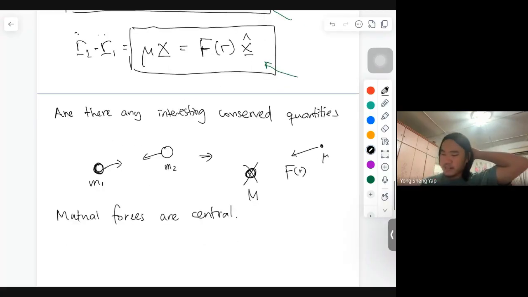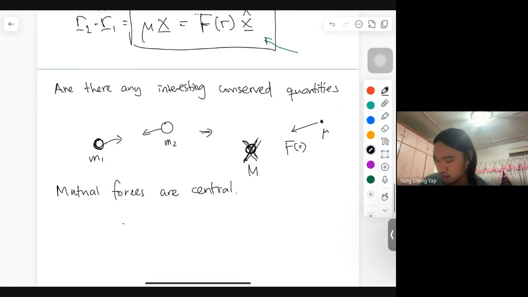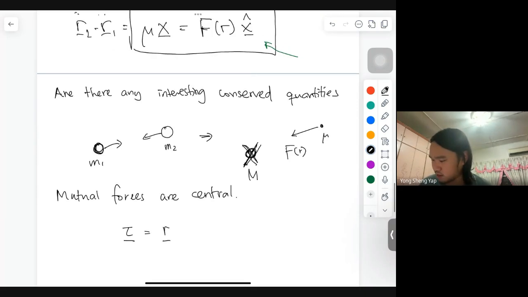What that means is that it always points towards the center of mass. If you've heard about this, you know that if we look at something called the torque, if you remember the torque, which is, sorry, this is f of x.